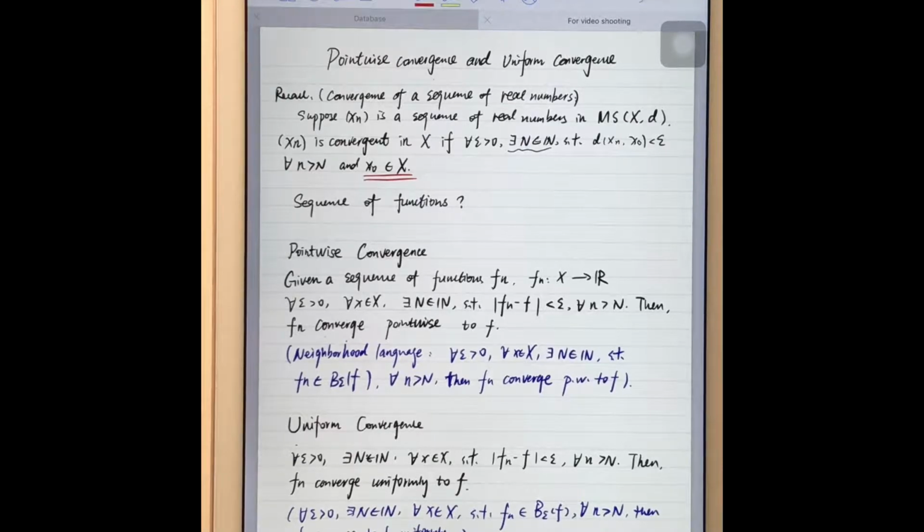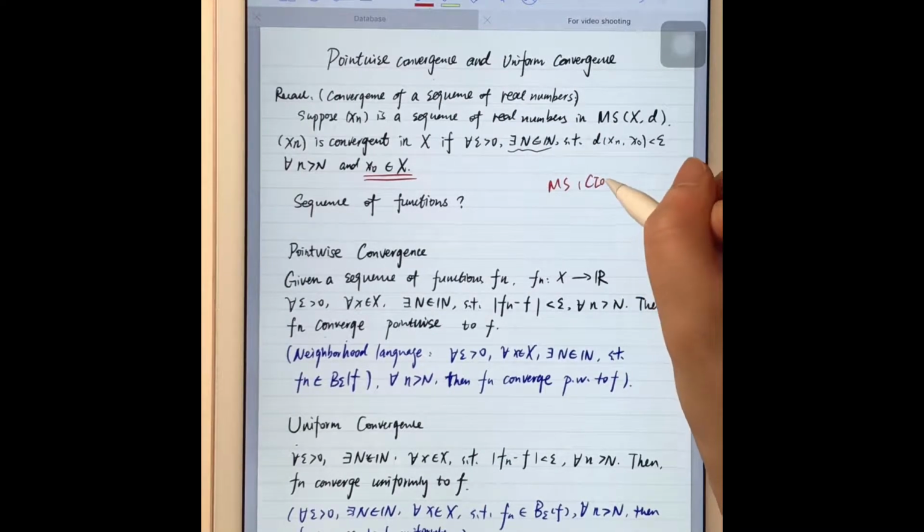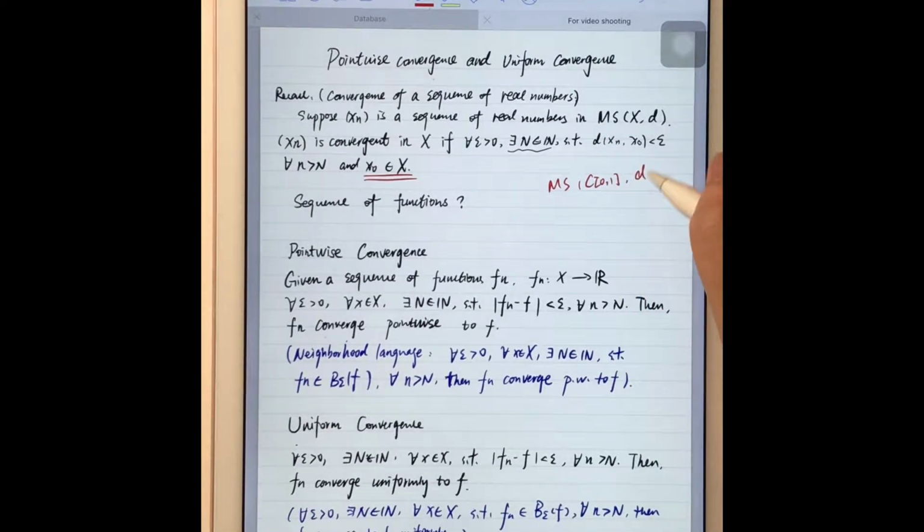Now if we put the situation into a metric space, not for real numbers but for a sequence of functions, like continuous functions on the domain 0 to 1 with distance d_1 or d_L1 or d_L infinity, it's the same for a sequence of functions.